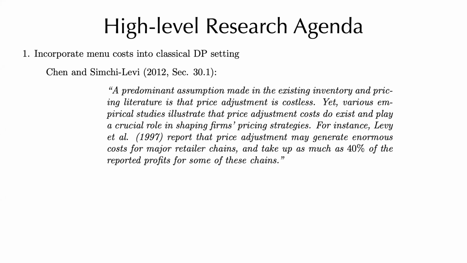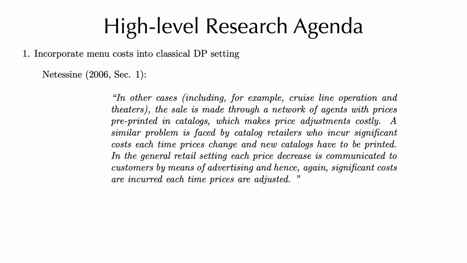Another quote from Nedison shows you why these menu costs arise. In applications like cruise lines and theaters, the sale is made through a network of agents with prices printed in catalogs, which makes price adjustments costly. A similar problem is faced by catalog retailers who incur significant costs each time prices change and new catalogs have to be printed.